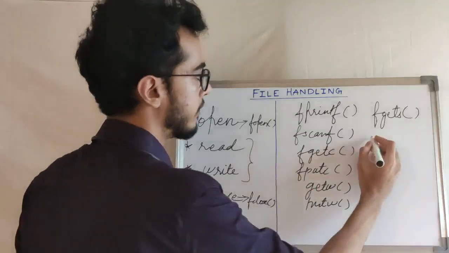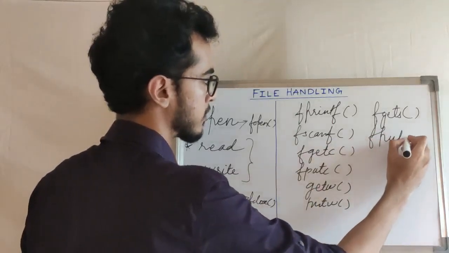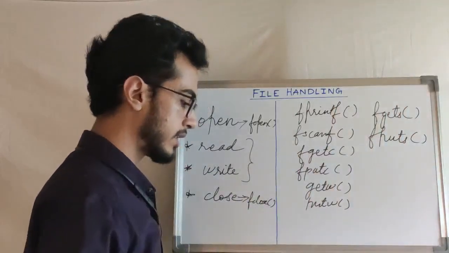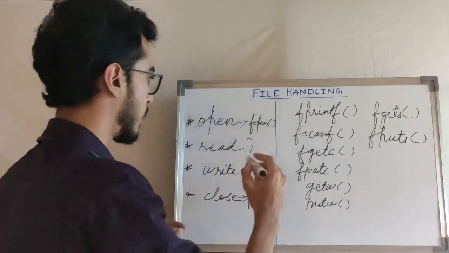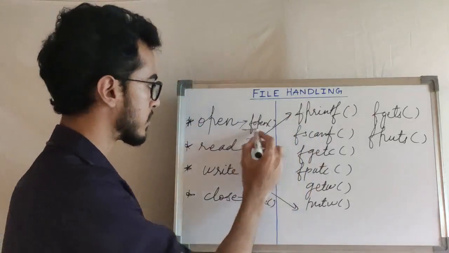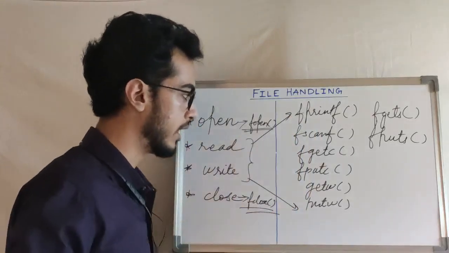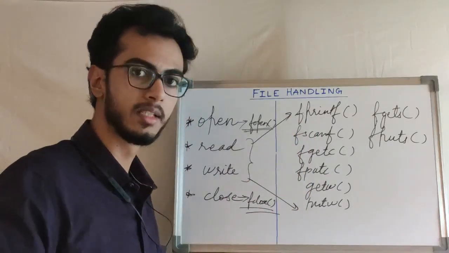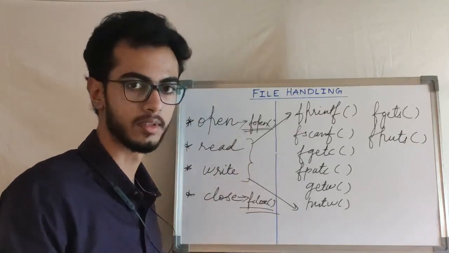Then we'll have fputs. So these are the functions that you will require for reading and writing, apart from fopen and fclose. Through programs, let's see one by one how to deal with all these functions.